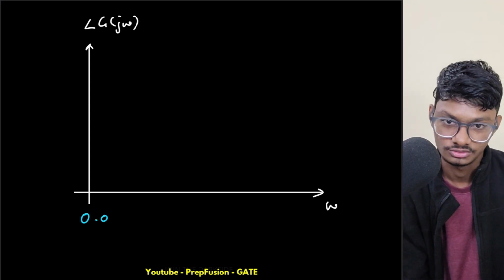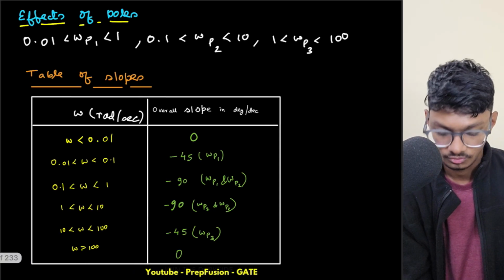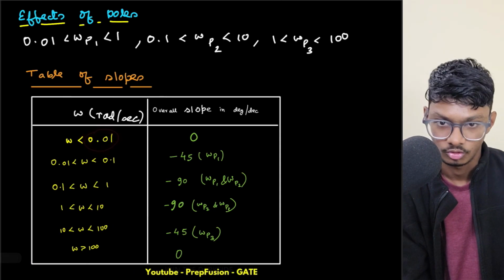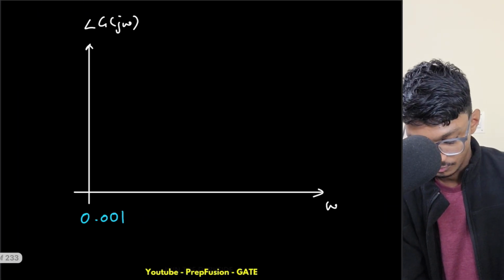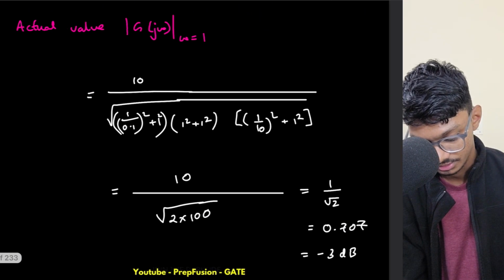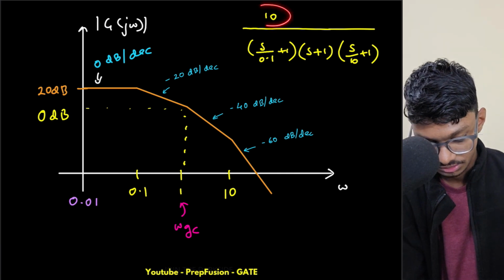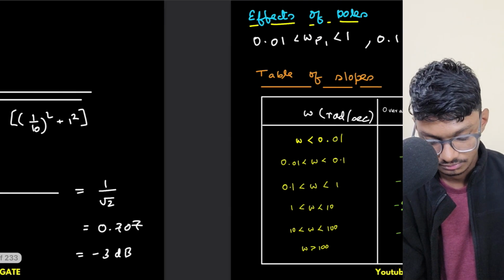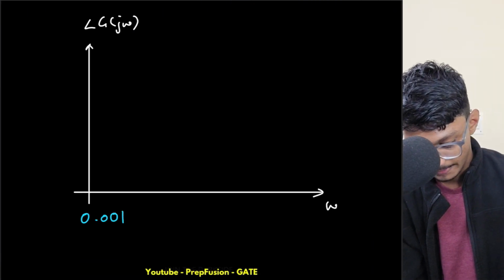Let's start from 0.001 actually, because 0.01 is already occupied here. So initially we start from 0 degree, because this value is positive.